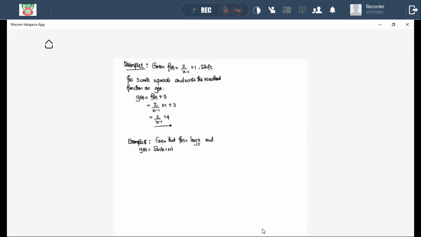Then the question says, a, shift f of x 3 units downwards. Now, shift f of x 3 units downwards.